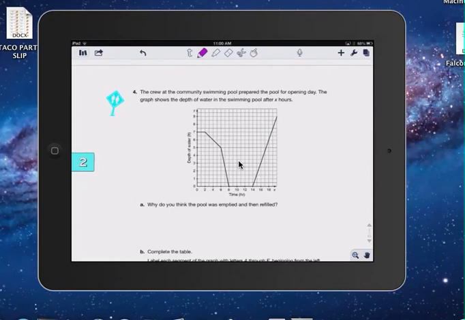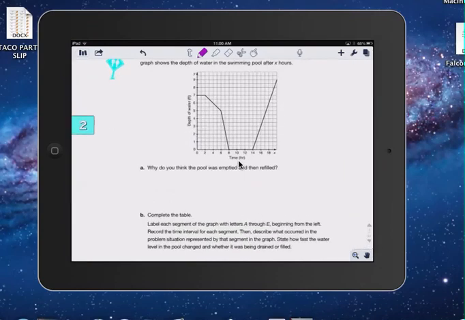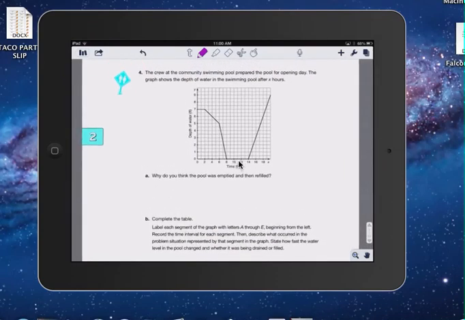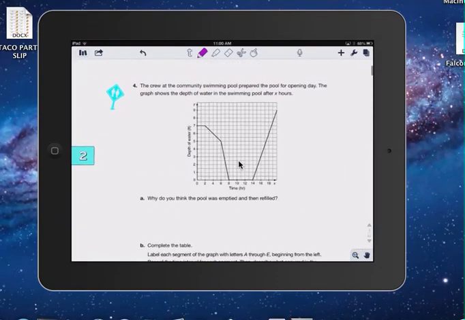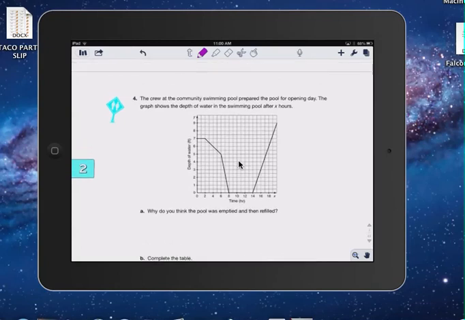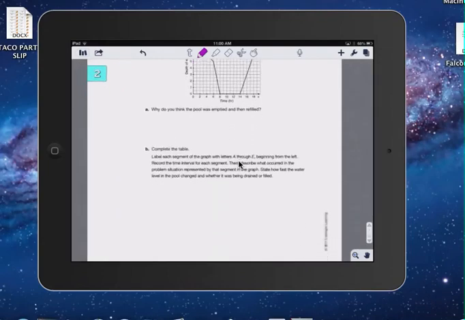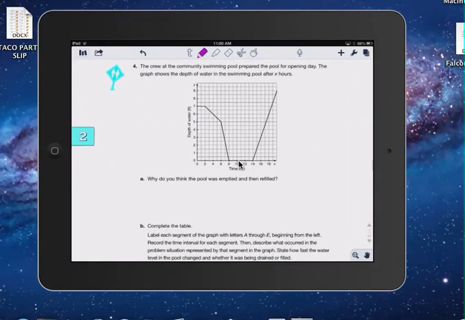I wanted to finish this swimming pool thing. Why don't we do the swimming pool? This is homework. And then the assignment book, I meant to put it up there and I did not.